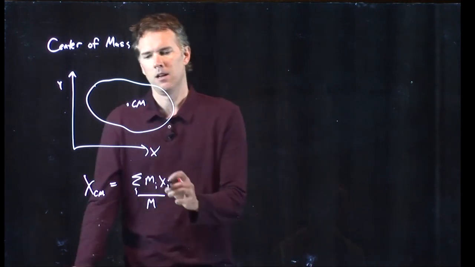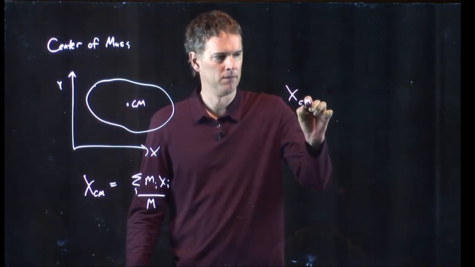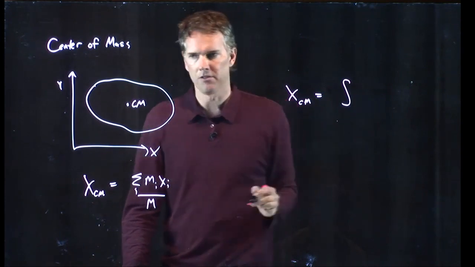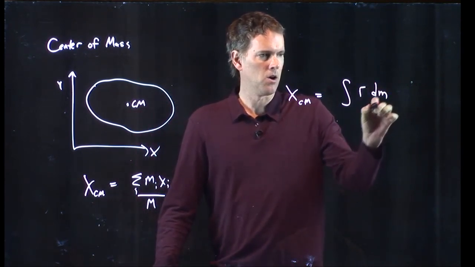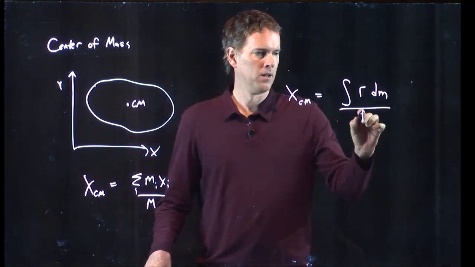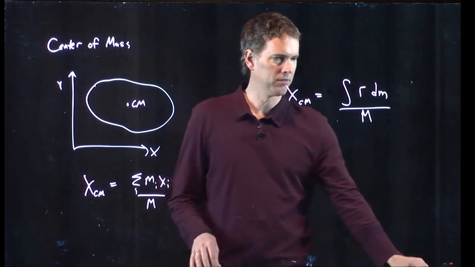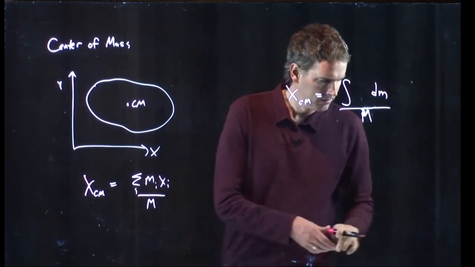How do you do that? m becomes dm. The summation becomes an integral. r is what we call x. The bottom is still total mass.